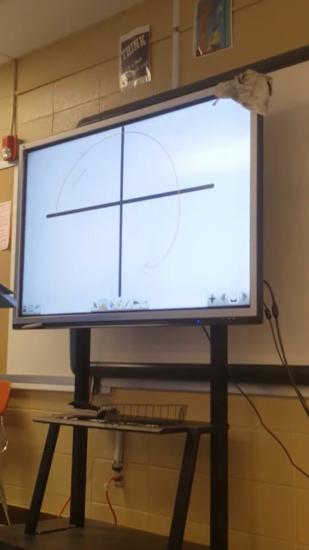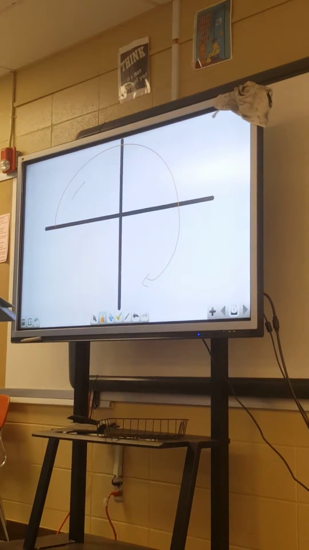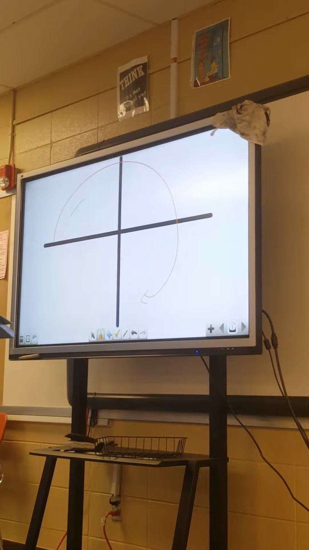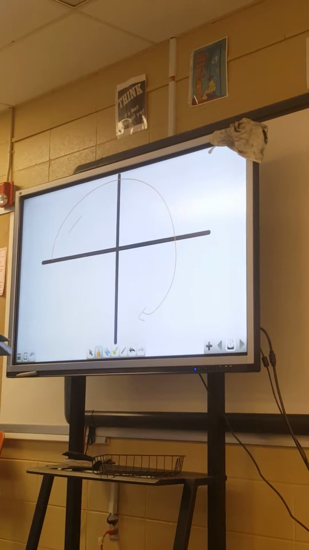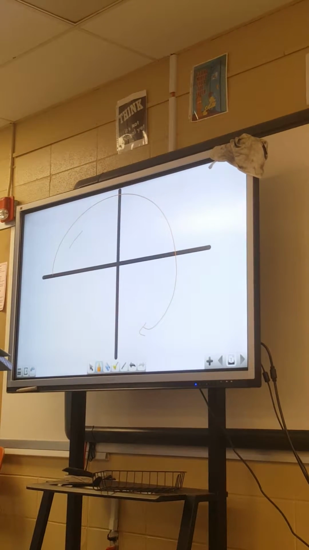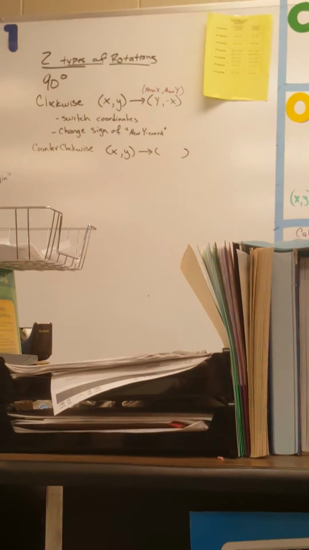All right. What do you think needs to happen, or how do I need to write it? What do I need to say to tell myself how to have new coordinates going counterclockwise?